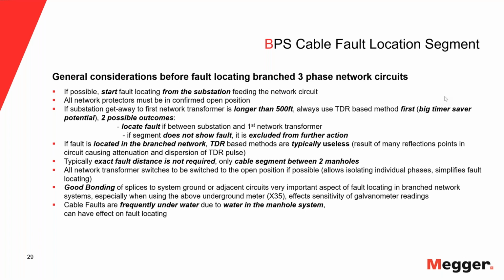And why they're useless? Because, like I said before, the TDR is an impedance measuring device, so it measures impedance changes. Now you can see in a network, I have a lot of splices, and I have transformer terminations. I have all this stuff in, and every time this is associated with an impedance change.